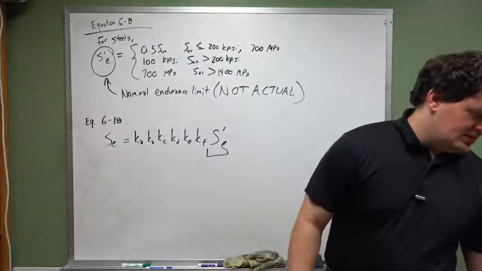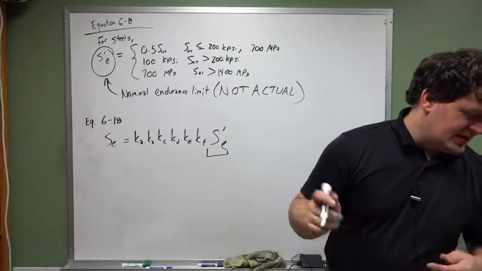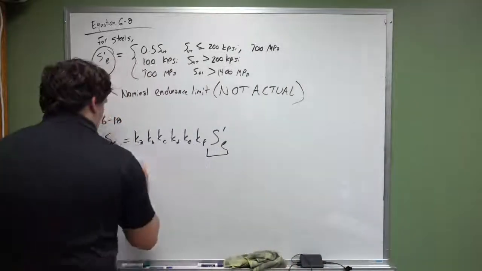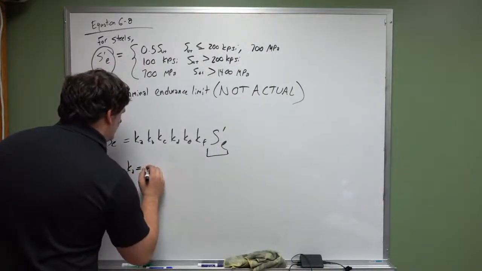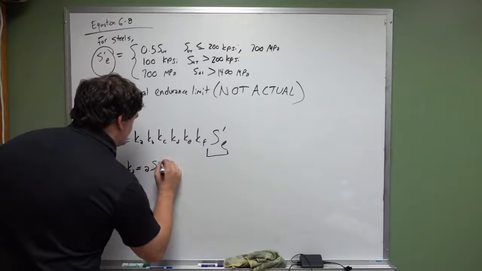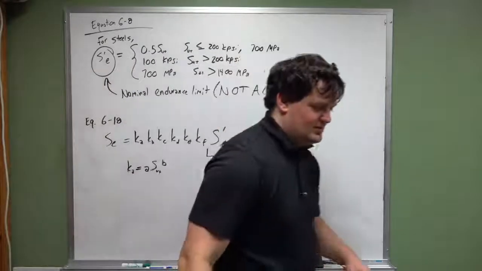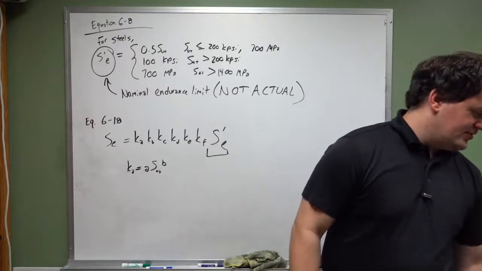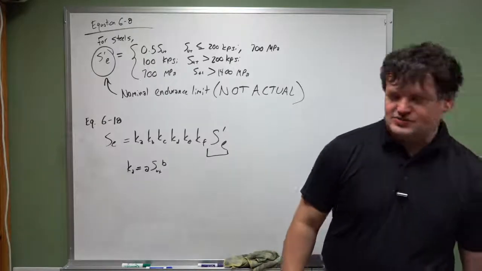Anyways, so here Ka is equal to A times SUT to the B, and the values for that are given by table 6.2.